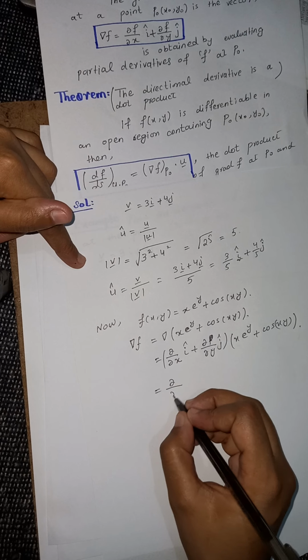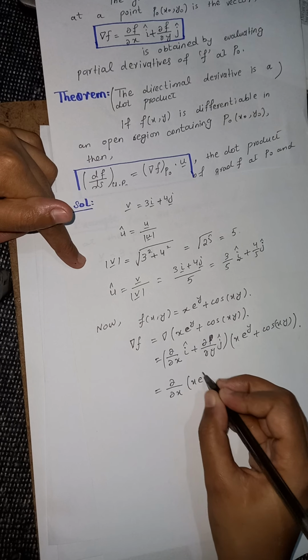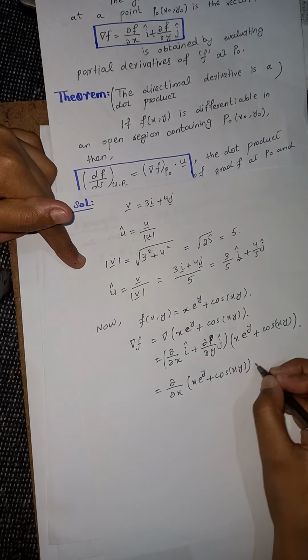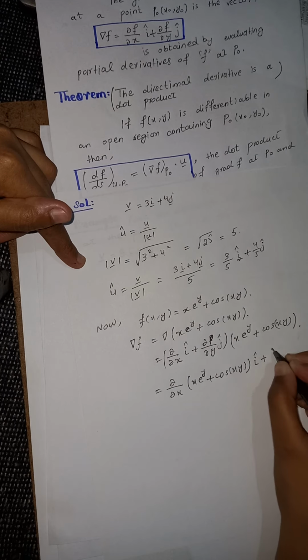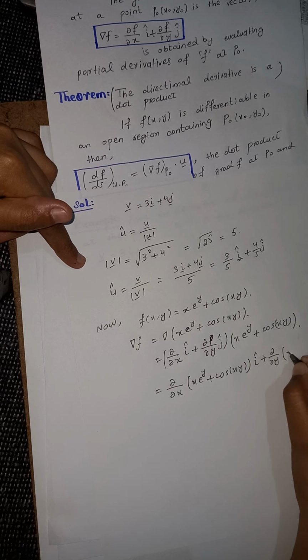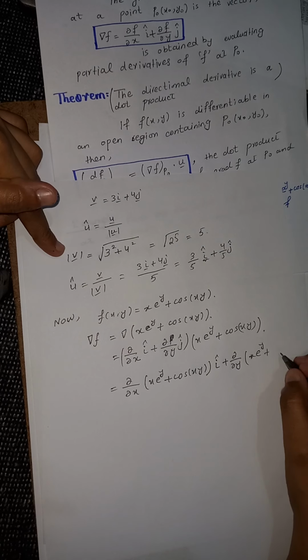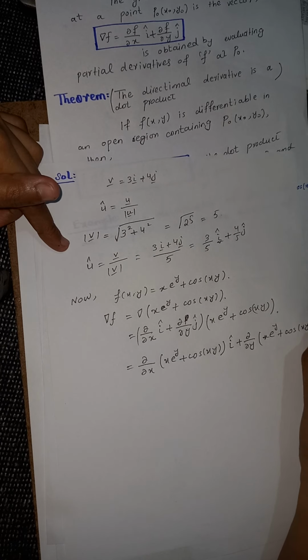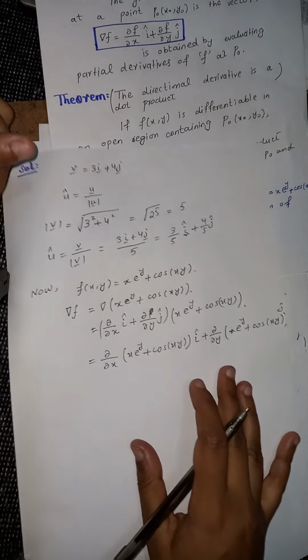Now you will write it as partial by partial x of x e raised to power y plus cos of xy times i unit vector plus partial by partial y of x e raised to power y plus cos of xy. Okay, and also you will write here j unit vector.